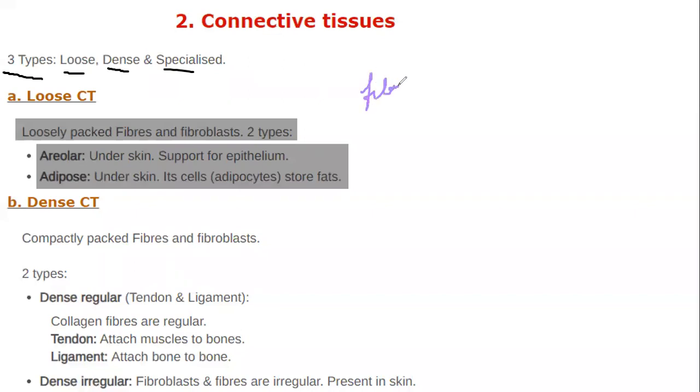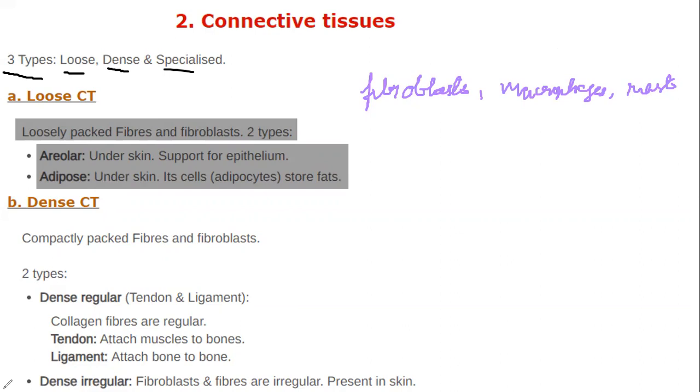Fibroblasts, macrophages, and mast cells. Okay, fine. And they serve as a supportive framework for the epithelium.